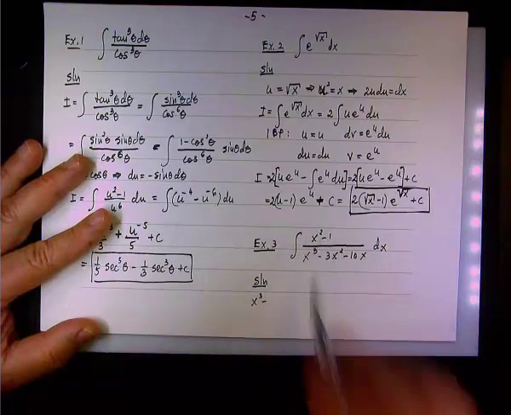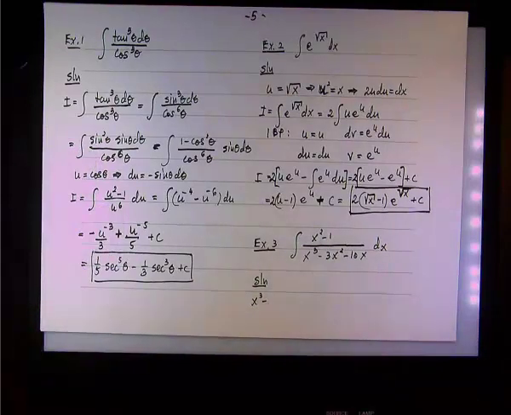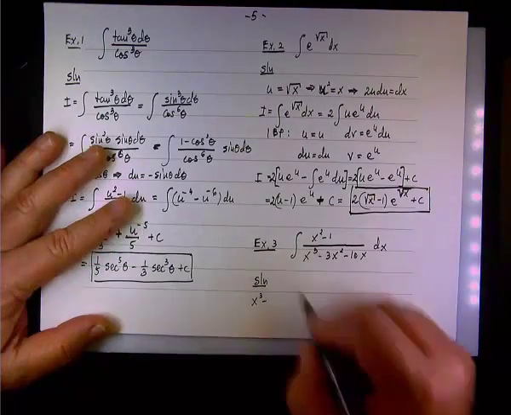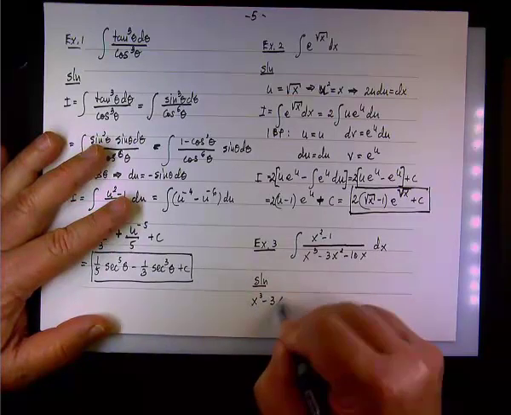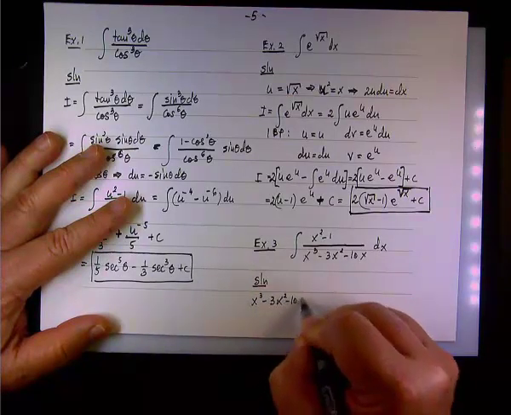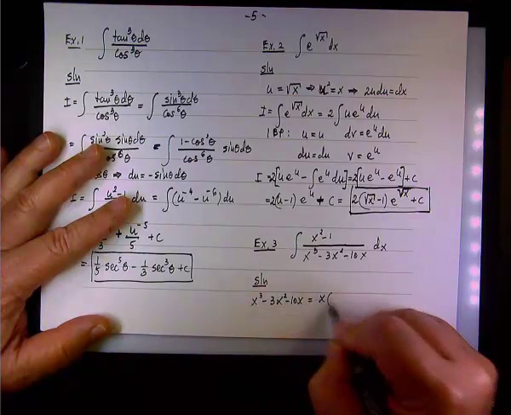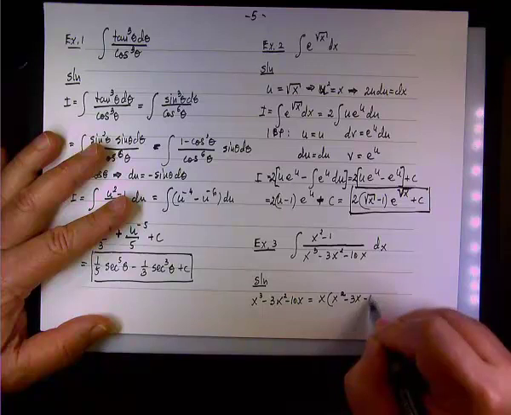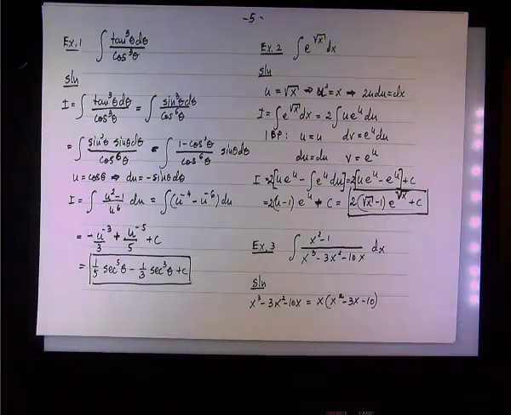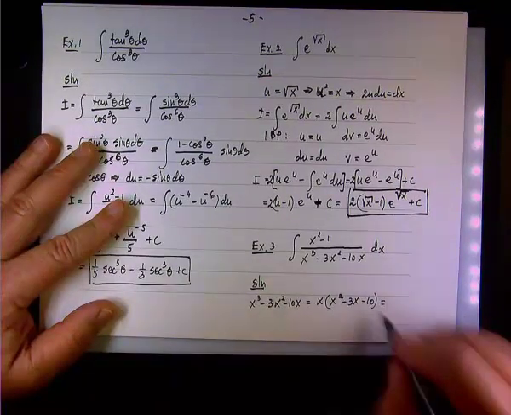Let's look at the denominator. Of course, this is a rational function. The degree of the numerator is less than the degree of the denominator, so this is a proper rational function. We don't have to apply long division. And furthermore, we see that we have a common factor, which is x, and the cubic is reduced to quadratic.